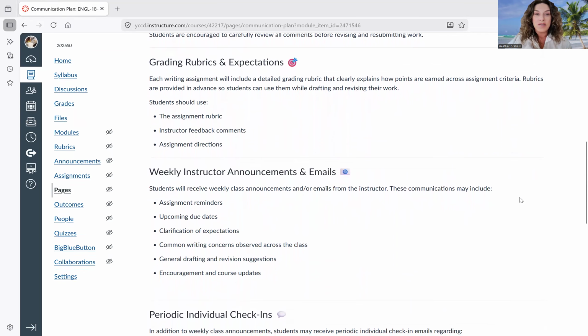You will also receive from me weekly announcements that cover reminders about upcoming due dates or readings or clarification of anything when questions come in to me, for example, from students. If I have one or two questions, I'll include the answers in the announcements. Consider, maybe there are common issues, maybe they'll be helpful to you.